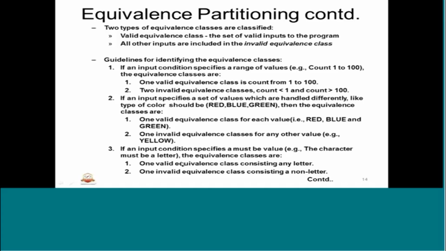Similarly, if a must-be-a-value sort of input condition is available, the valid equivalence class is any letter you should consider. Any letter is nothing but a valid equivalence class. Other than a letter, a non-letter, which could be a number or special character, is nothing but an invalid equivalence class.